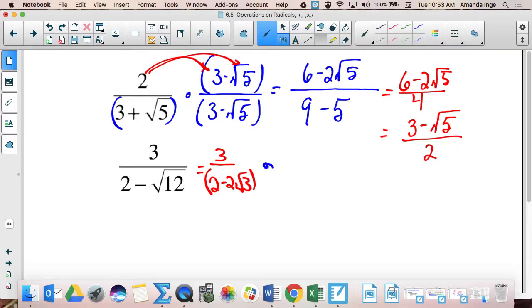So then I want to multiply by what? 2 plus 2 square roots of 3. So 2 times 3 is 6, plus 6 square roots of 3.